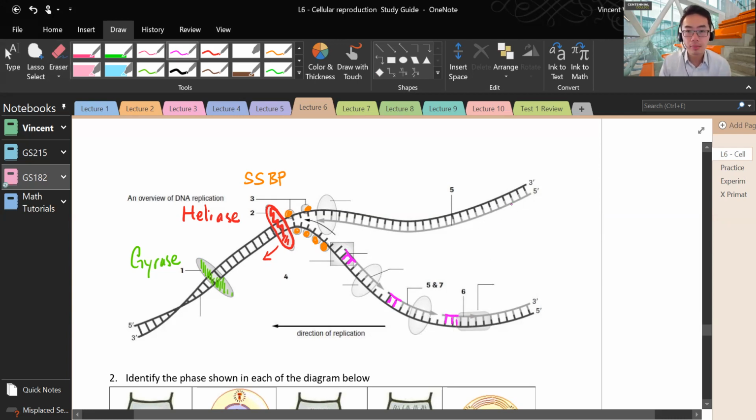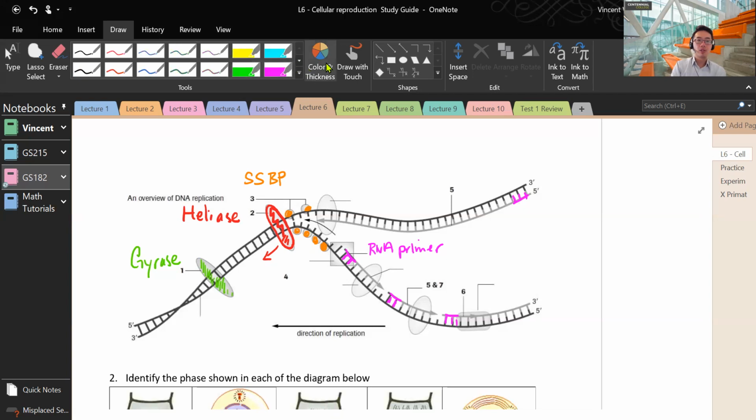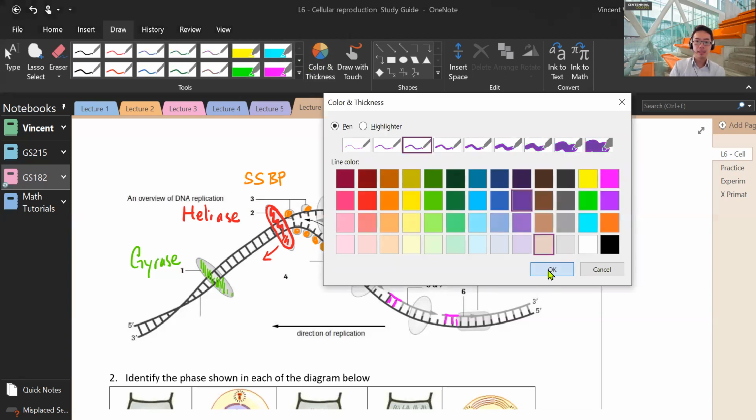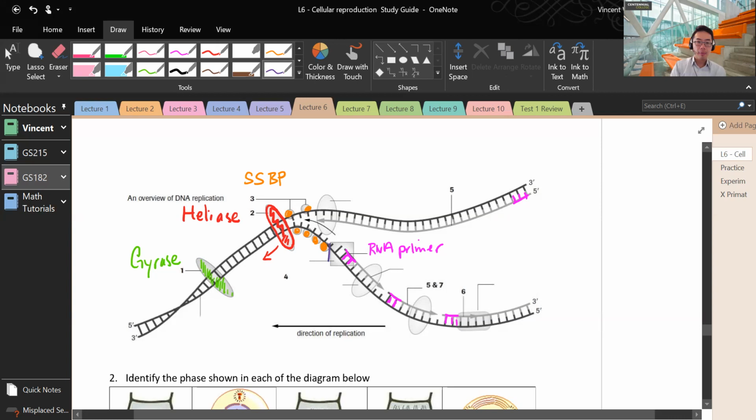Does this one have one? Probably here. I'm just going to make that up. So all these pink things, they are the RNA primer. The RNA primer is created by the RNA primase.